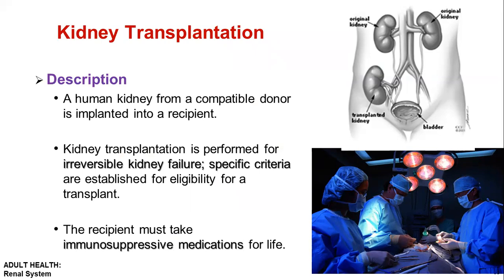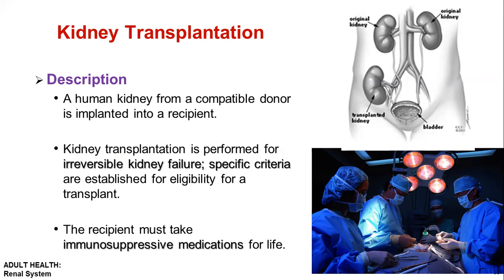So a human kidney from a compatible donor is implanted into the recipient. The person who gives the kidney we call the donor. The person who receives the kidney we call the recipient.